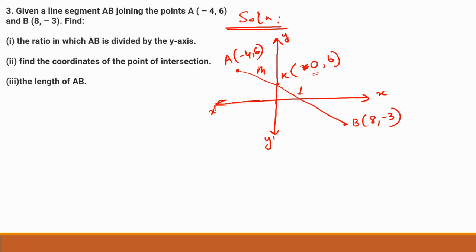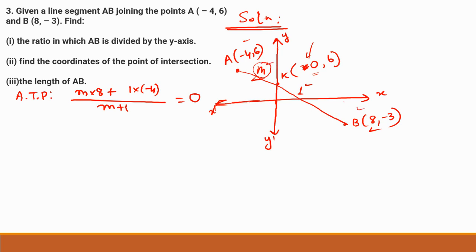Now it's asking what is the ratio in which AB is divided, okay? According to the problem, the abscissa of point K from the section formula will be m times 8 plus 1 times minus 4, divided by m plus 1, right?